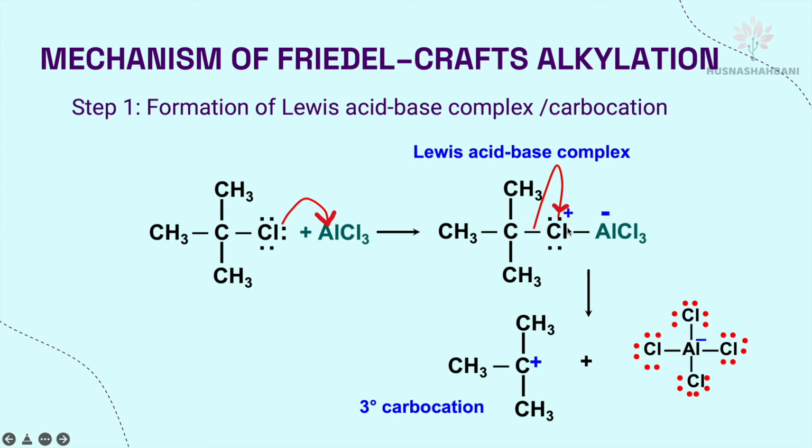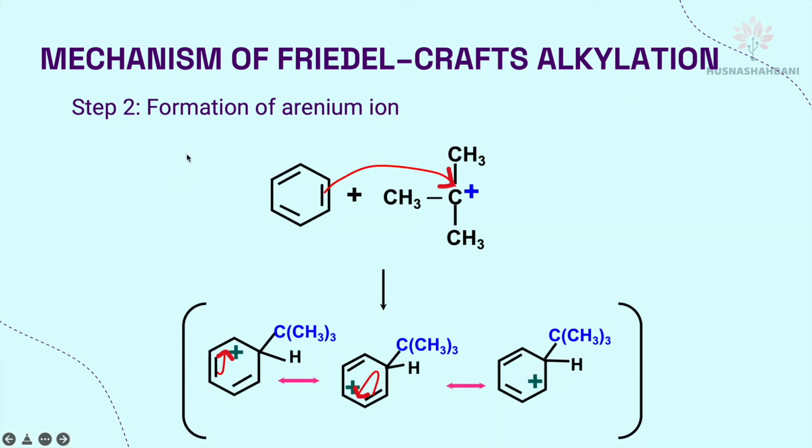And the Cl prefers to have the lone pair again by taking these 2 bonding electrons to itself, leaving a carbocation and AlCl4-. The minus is at Al, not at Cl, because Al had an incomplete octet, but now it has an octet, so that's why Al is negatively charged. And this is the carbocation.